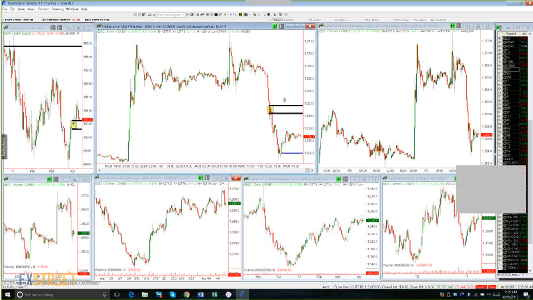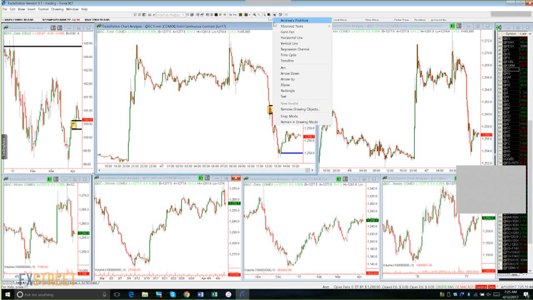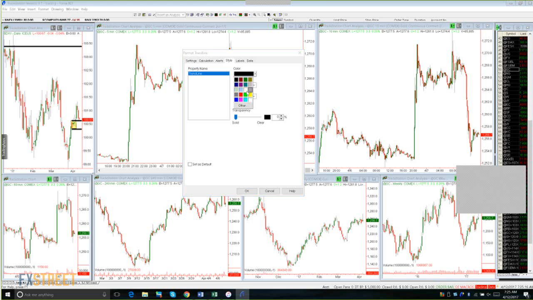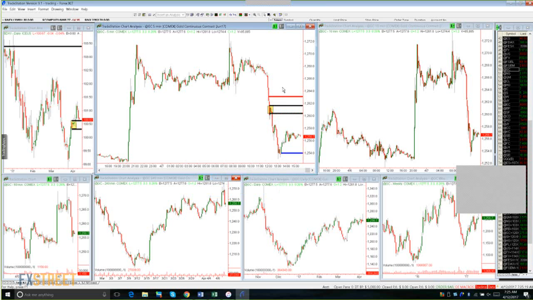So we probably put our stop right about 63, which is right in here. We'll make that a red line. Okay, there it is. And there you go.